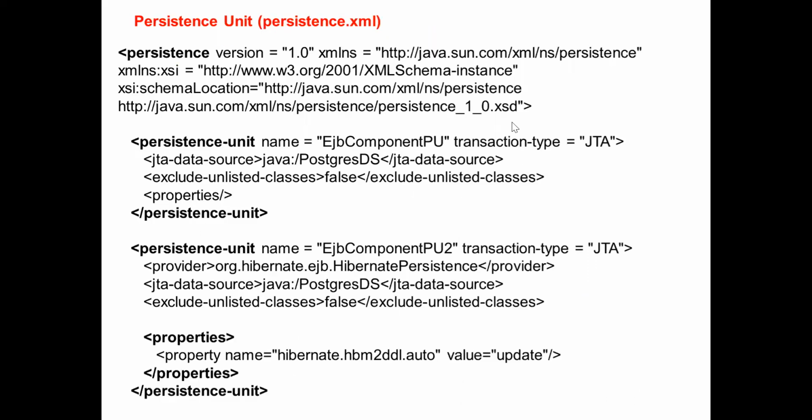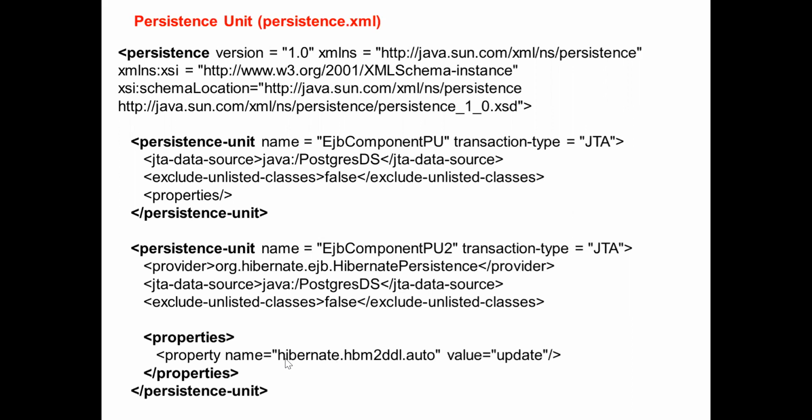You can just see that this is an example of how to create the persistency unit, starting with the persistency tag and ending with the persistency tag. In that case, I have to use some standard XML syntax you should write, and the name with the corresponding transaction data source, and this is the persistency unit, and these are the properties.